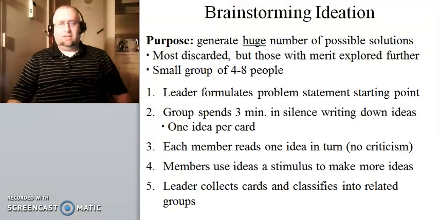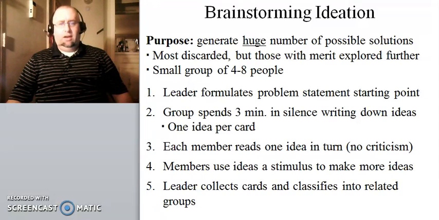Now here are the steps of brainstorming ideation. The first is that there is a leader of this group of 4 to 8 people, and the purpose of the leader is to essentially just keep things moving forward to prevent the process from stalling out or becoming stagnated. So to start that process, the leader formulates a problem statement as a starting point for the brainstorming ideation process.